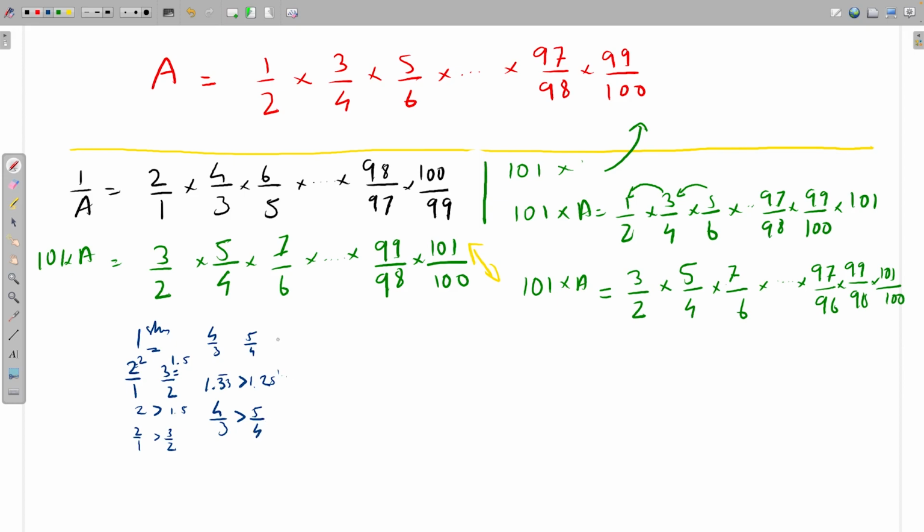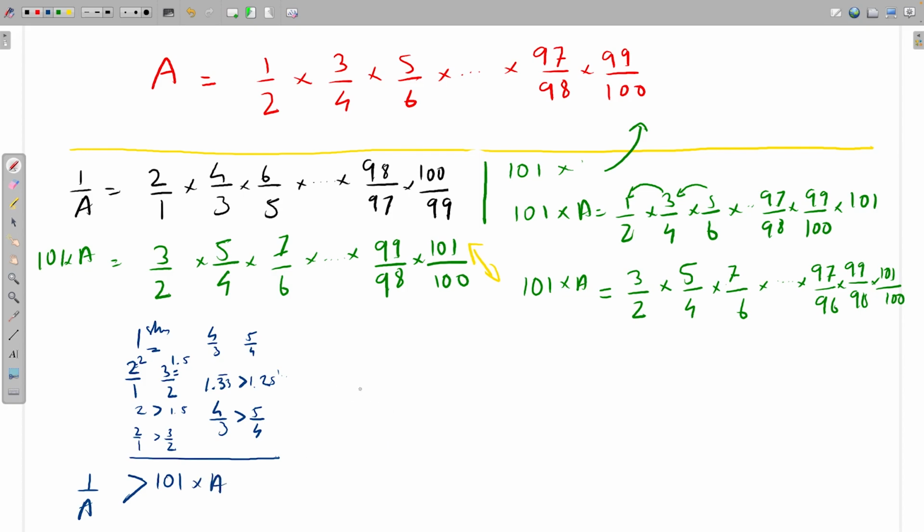Similarly, if you keep on performing the comparisons between the terms of the first equation and the second equation, we can finally derive that 1 by a will always be greater than 1 by 101 into a.